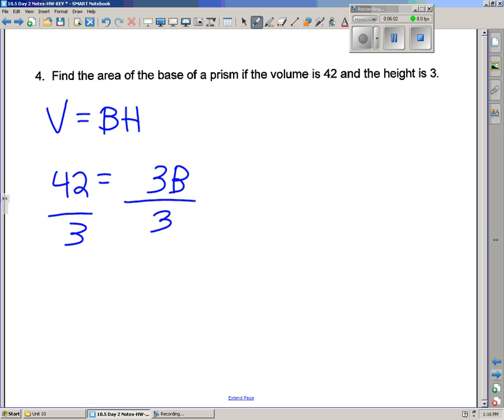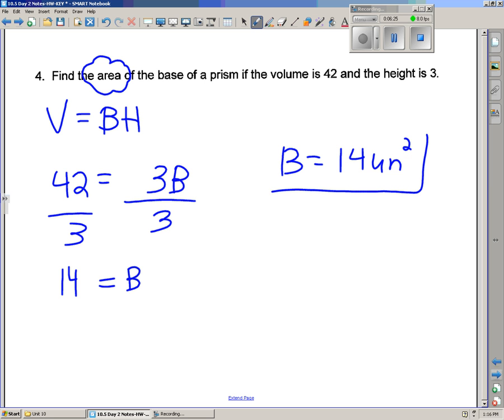If you divide both sides by 3, you get 14 equals the base, and that is the area of the base. We don't necessarily know what the dimensions are to get 14. We just know that the area of the base, big B, is 14 units squared.